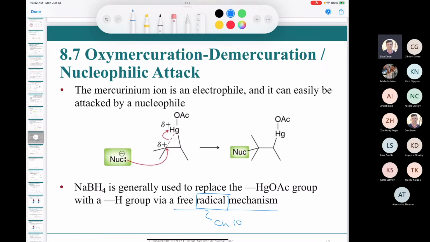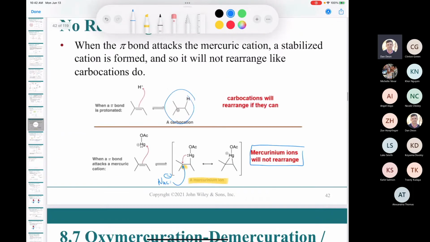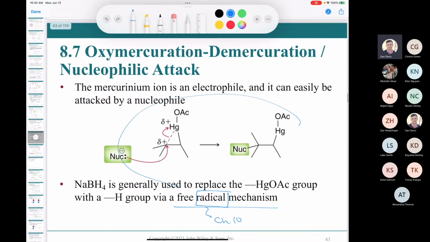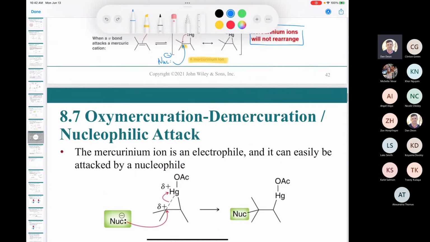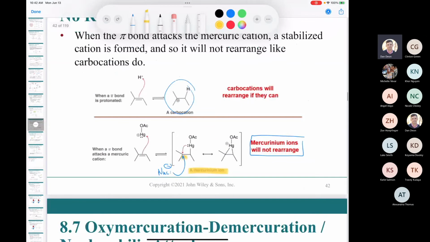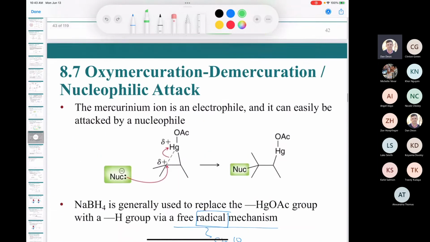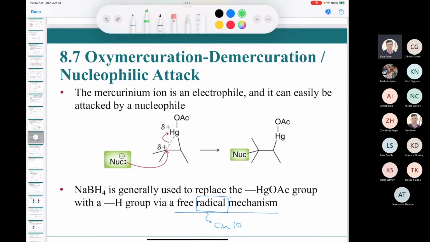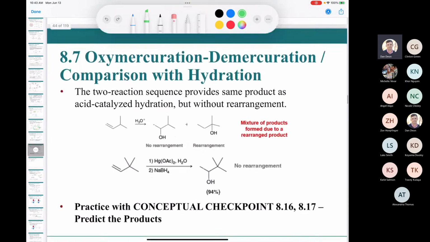And again, I'm not going to ask you to draw this mechanism, and I'm not going to ask you to draw any of these curved arrows here. However, I want you to understand that the mercurinium ion is not going to undergo any rearrangements, and the nucleophile is going to attack the more substituted carbon. So essentially, you get Markovnikov addition that occurred with no possible rearrangement.